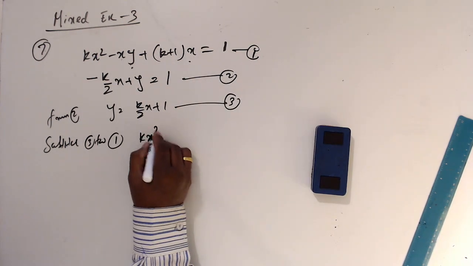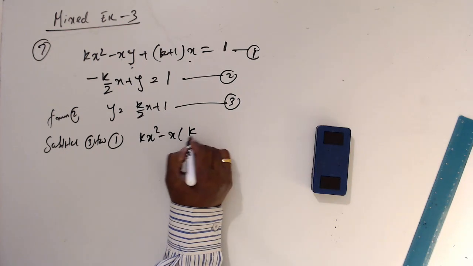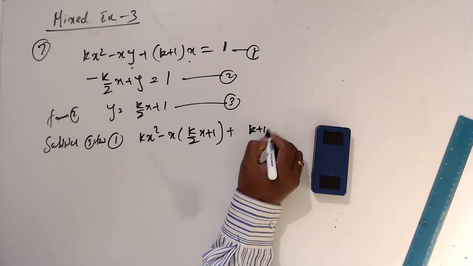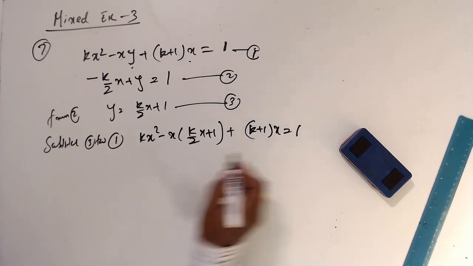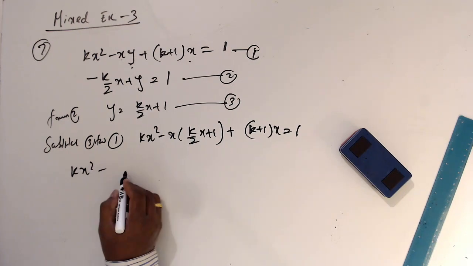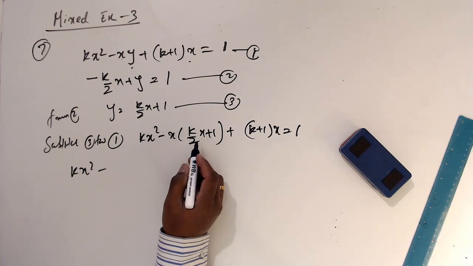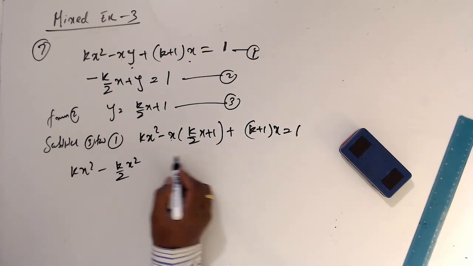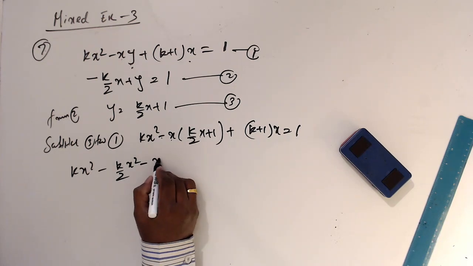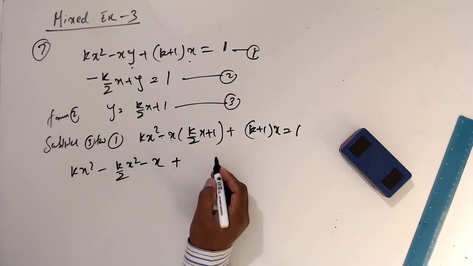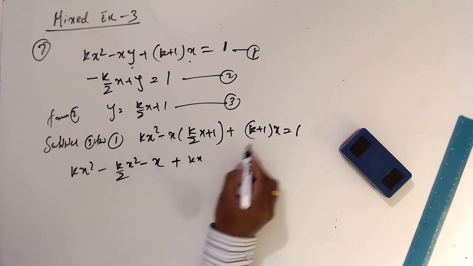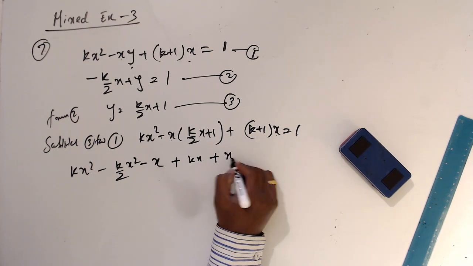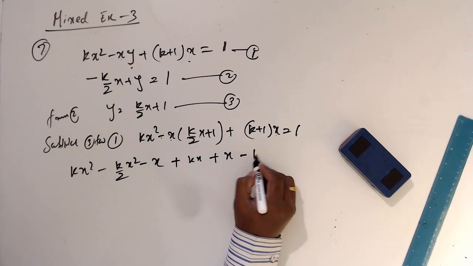So kx² minus x times (1 plus k over 2 x) plus (k plus 1)x equals 1. kx² minus k over 2 x² minus x plus kx plus x minus 1 equals 0. I expand this one.